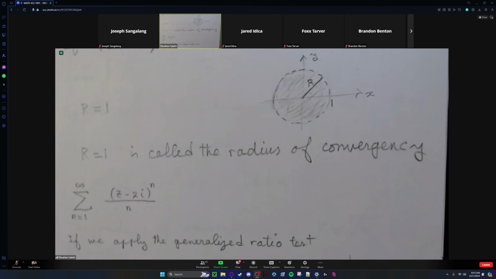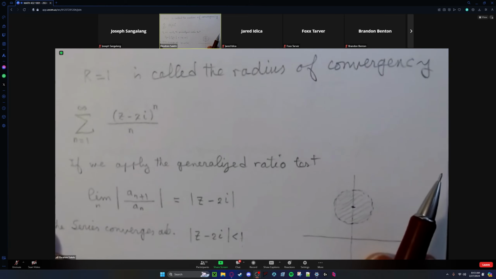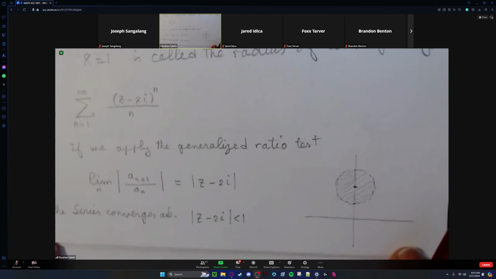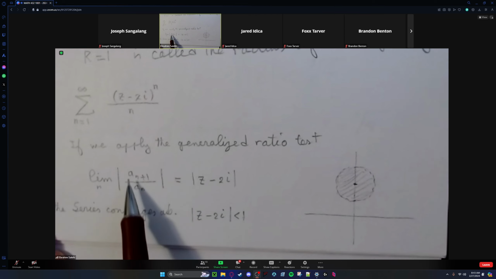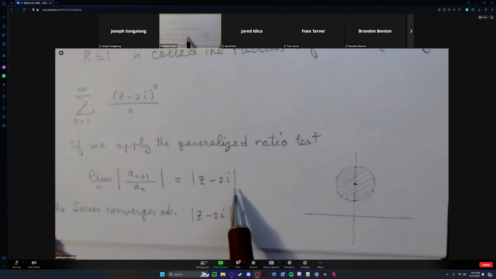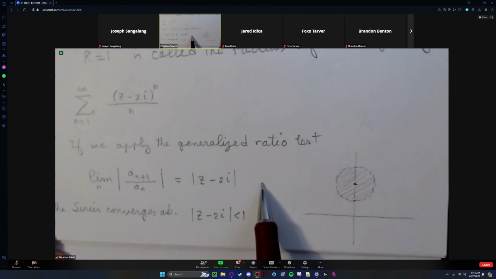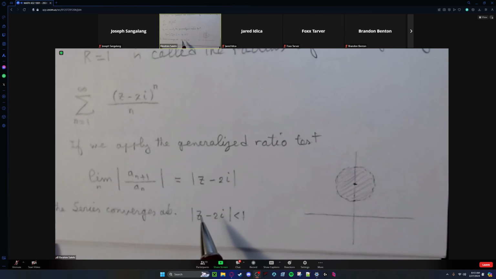You use the ratio test right here, and the limit when n approaches infinity in this case is this one. This is your L. If this is less than 1, the series converges absolutely, and if it is bigger than 1, it diverges.